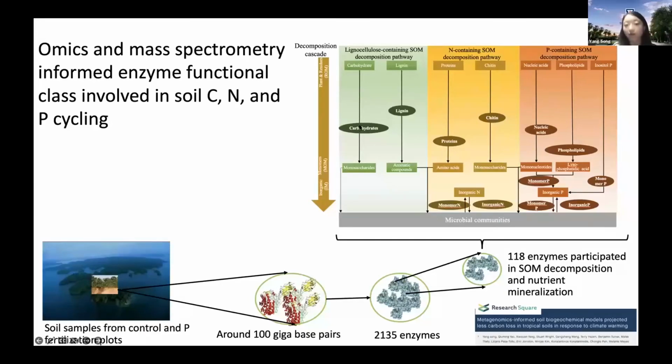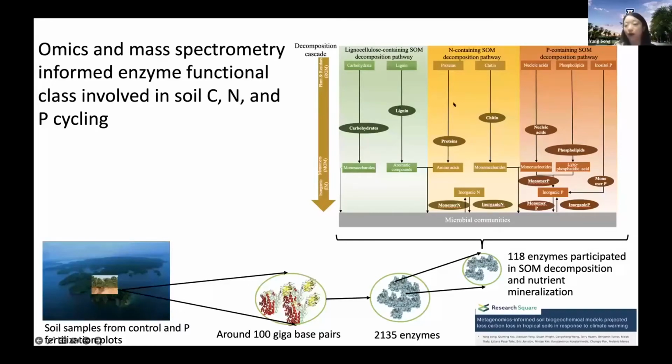So we identified a concept called the enzyme functional class. Each class is a group of enzymes that catalyze very similar chemical compounds. For example, this is a group of enzymes related to carbohydrate decomposition, and this is a group related to lignin decomposition.